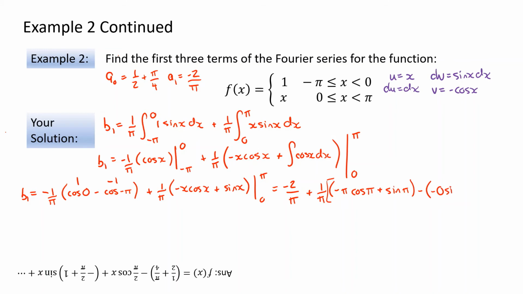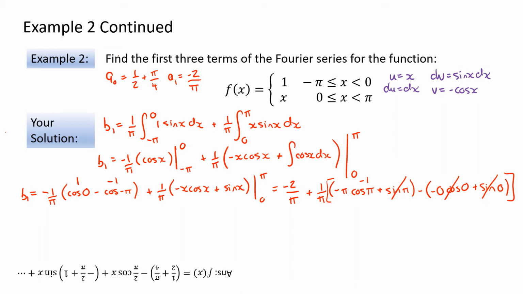Sorry, cosine of 0, I wrote sine. Plus sine of 0. So 0 times anything is going to be 0, and sine of 0 is also 0. Our last piece, sine of pi, is 0. So we're left with just the negative pi cosine of pi. Cosine of pi is negative 1.